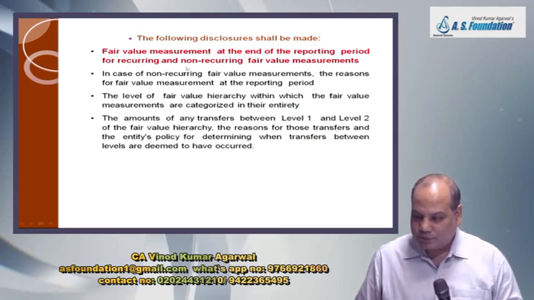Next disclosure, the fair value measurement as at the end of the reporting period for recurring and non-recurring fair value measurements. What is the disclosure requirement for non-recurring fair value measurement?